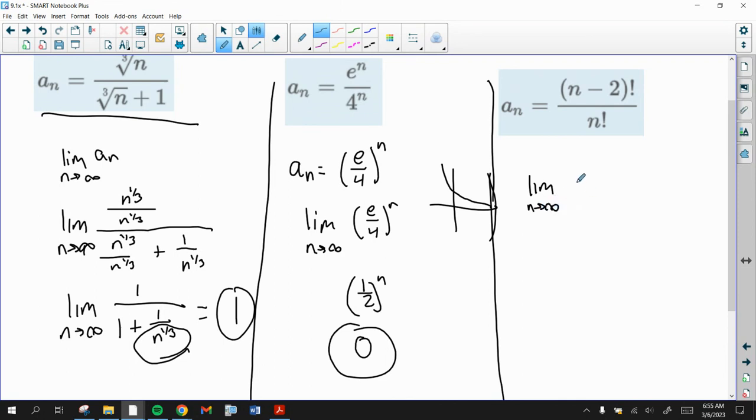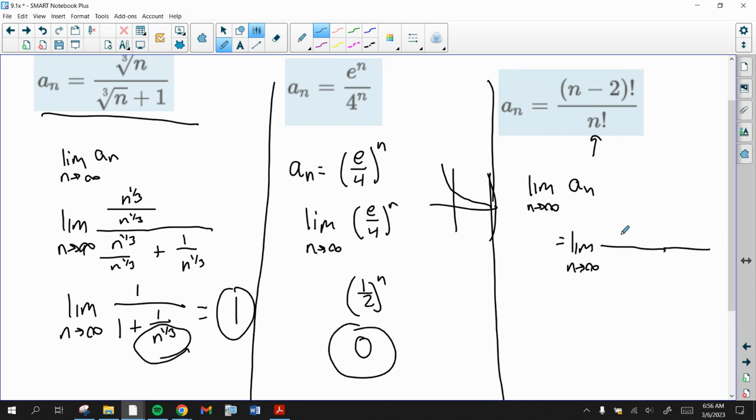The last one has factorials involved. So what we're going to do is simplify the factorials. The bottom is 1 times 2 times 3 times 4 times 5, until you get to n. The top is 1 times 2 times 3 times 4 times 5, etc., until you get to n minus 2.